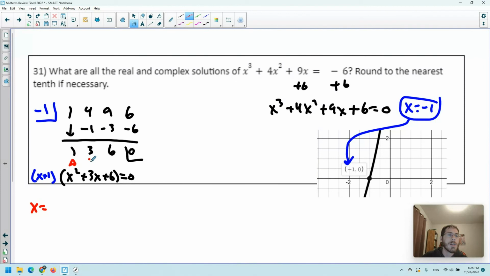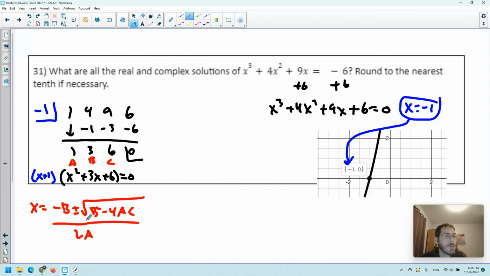So this is A, B, and C, which is the other nice thing, that they're always in the right order. So, all right, -b plus or minus square root of b squared minus 4ac all over 2a. This is like the third or fourth question we did the quadratic formula with. Guess we should definitely have that memorized. All right, well, -3 plus or minus square root of 3 squared minus 4 times a, in this case 1, c in this case is 6, all over 2 times 1.